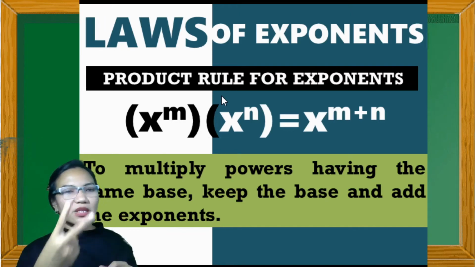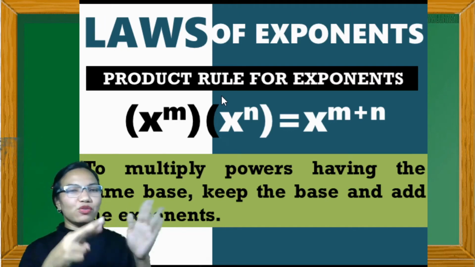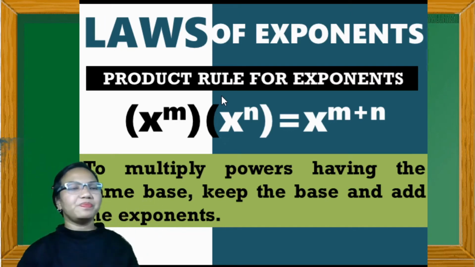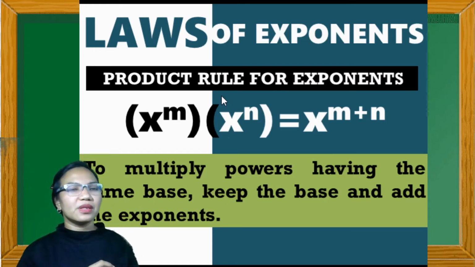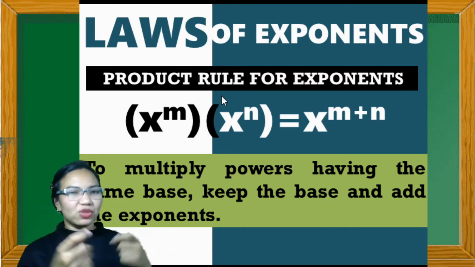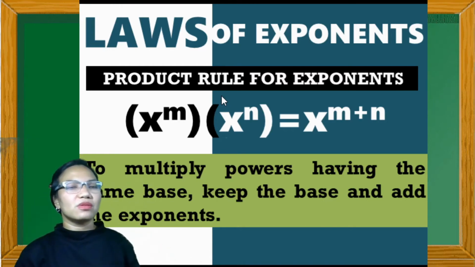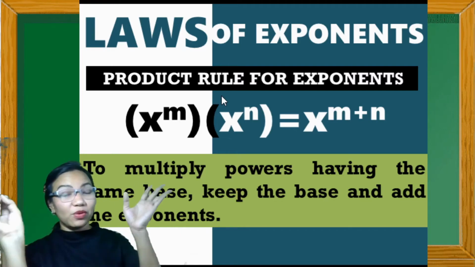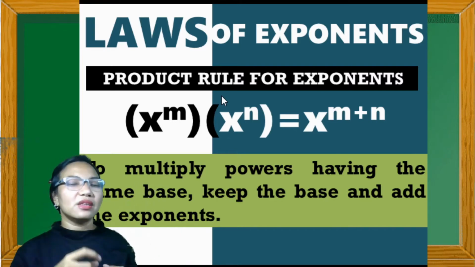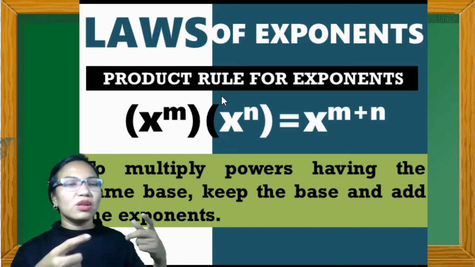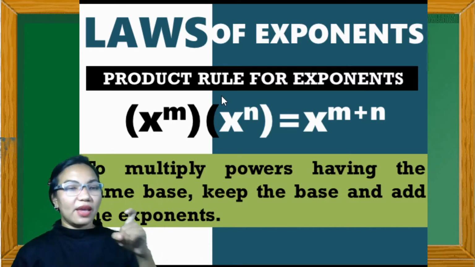So you can see there the product rule for exponent. Observe the expression and then the second expression. Immediately obvious, we have x, and the other symbol also has an x.